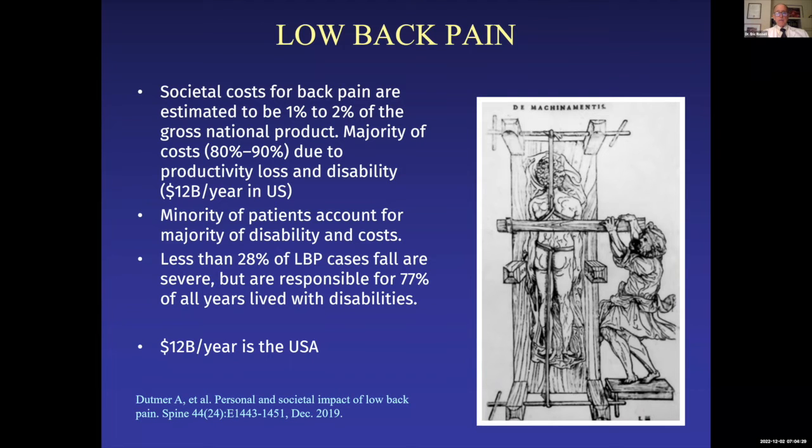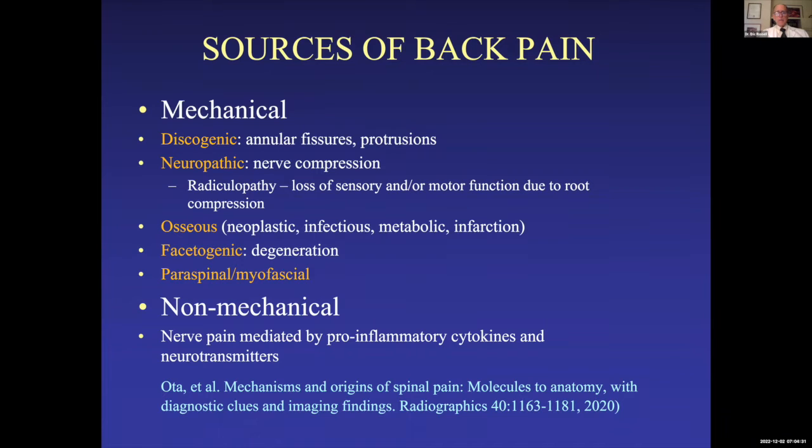And one of the topics that we're going to talk about is the fact that we don't need to do imaging for everybody who has back pain. Acute back pain is often self-limited, will resolve after several weeks, and imaging is not necessary, and we'll discuss that. There are mechanical causes and there are non-mechanical causes.